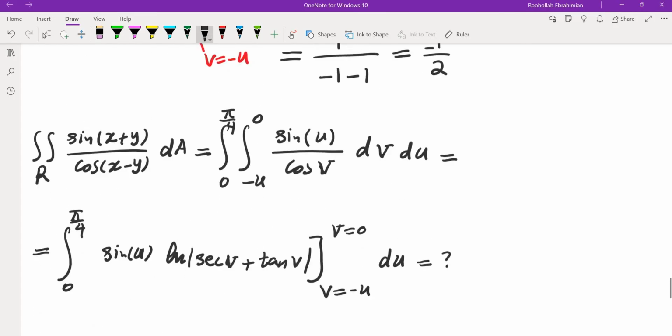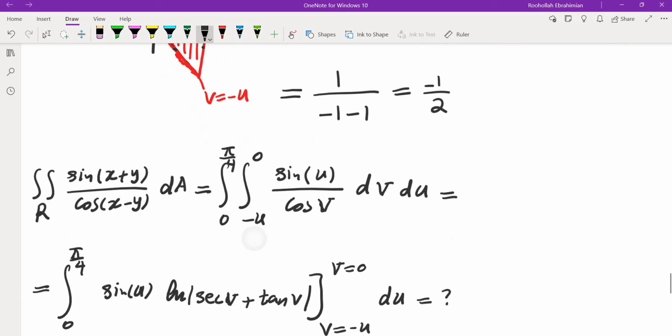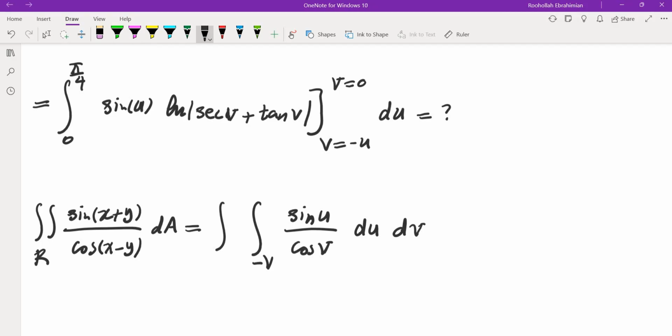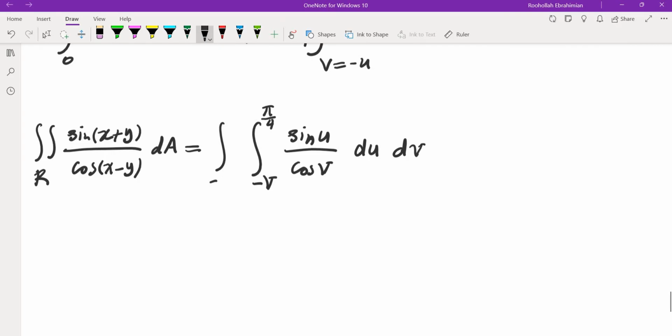When we do du dv, u goes from negative v to pi over 4, and v goes from negative pi over 4 to 0. So let's try that and see if that works better.